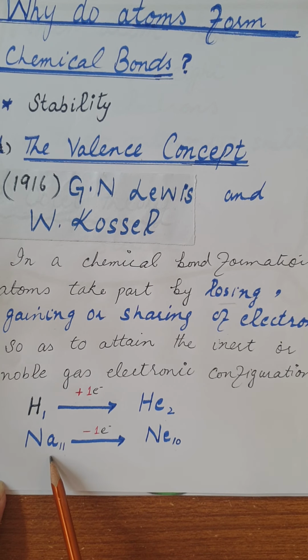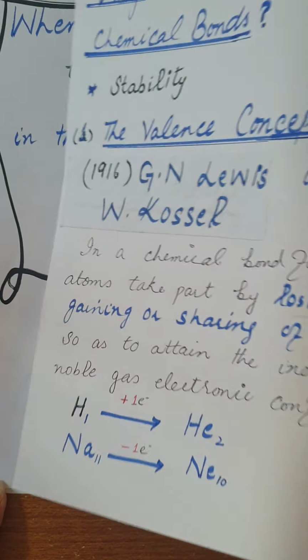So by the loss of an electron, sodium can attain the electronic configuration of neon. So the Lewis concept was that by losing, gaining or sharing of electrons, all atoms want to attain the inert gas electronic configuration. This is all about the Valence Concept.